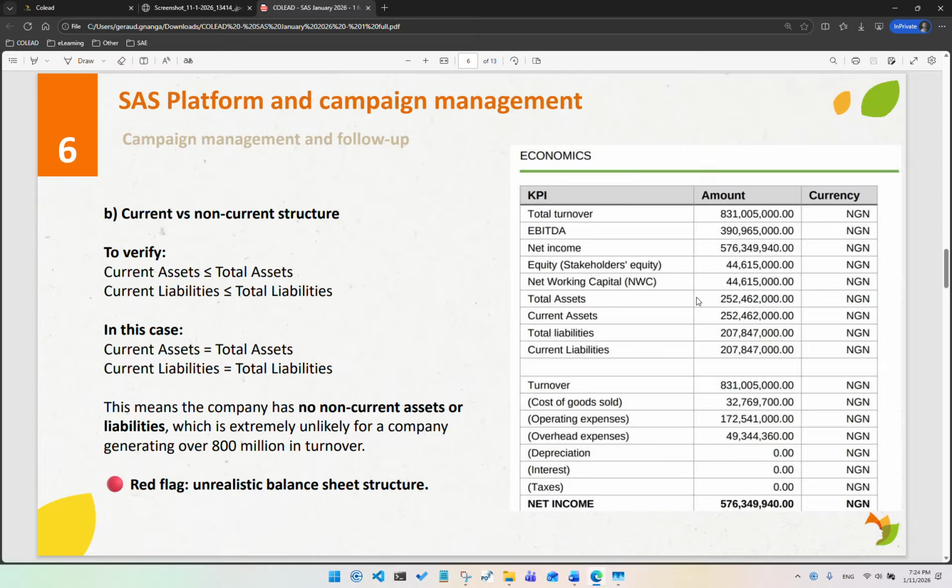For a company with a turnover, look at the turnover here, above 800 million, this is highly unrealistic and constitutes a first red flag that you might raise in your mind first before reaching out to the company.